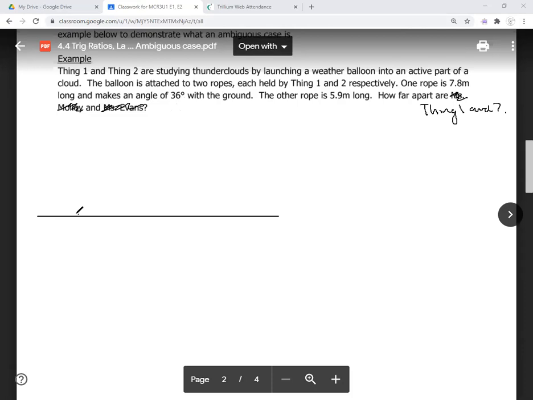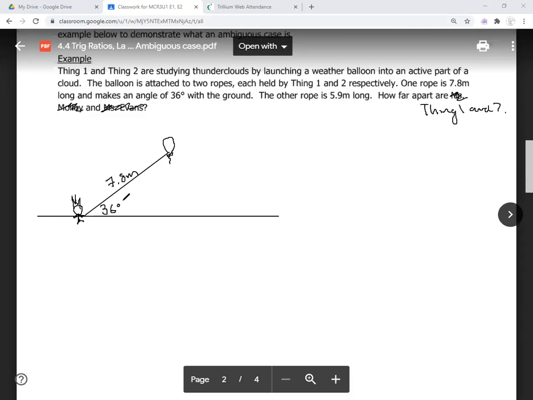Here's my thing one. Let's pretend they're like directly attached to the ground, okay? And this thing one is holding a string, nice and long, to a balloon in the sky. That is 7.8 meters long and makes an angle of 36 degrees to the ground.